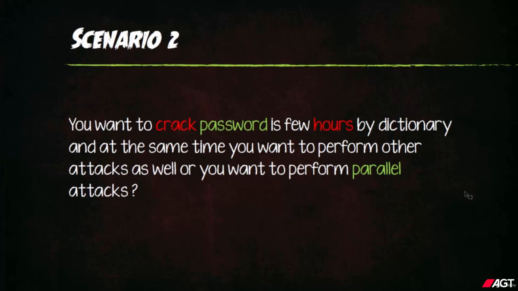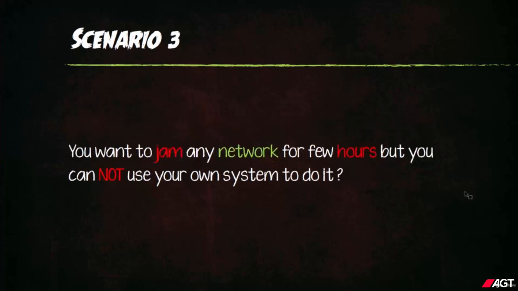and at the same time you want to perform another attack as well, or you want to perform parallel attacks. In the third scenario, you want to jam a network for a few hours but you cannot use your own system to do it. Suppose you are in an organization where you cannot use your own system and you want to jam the network, you can use this solution which I'm going to show you.